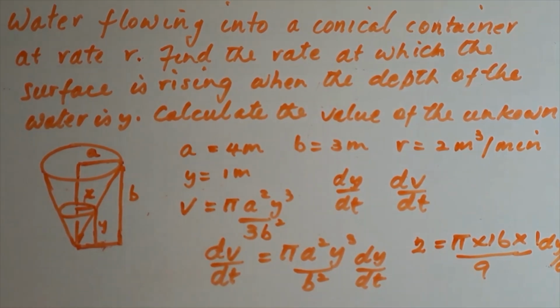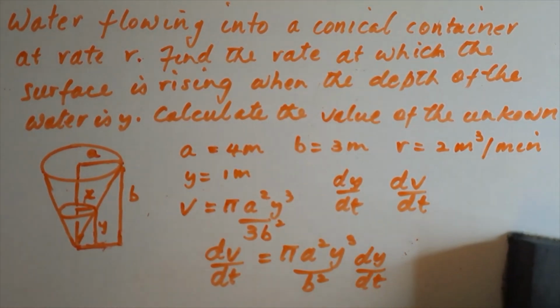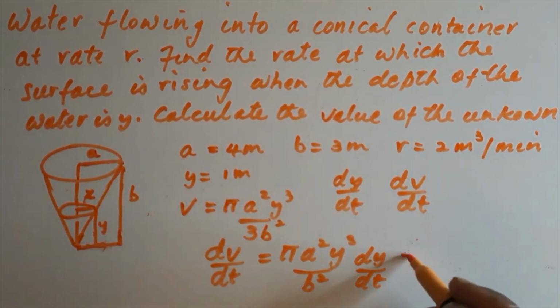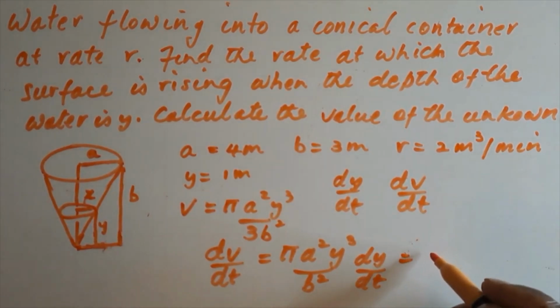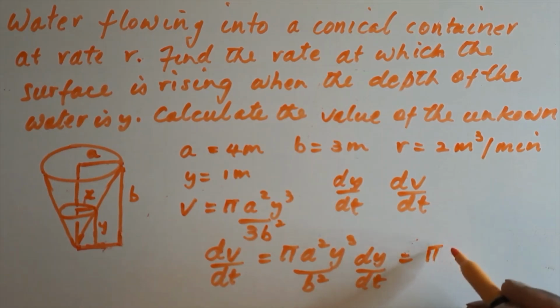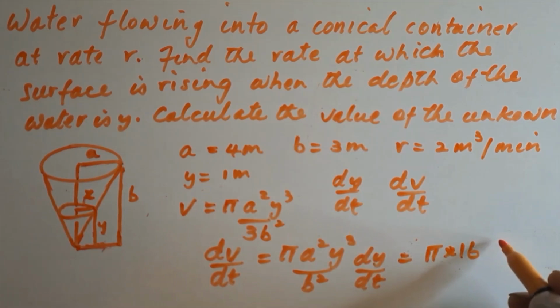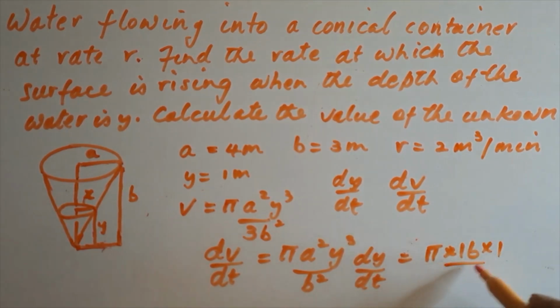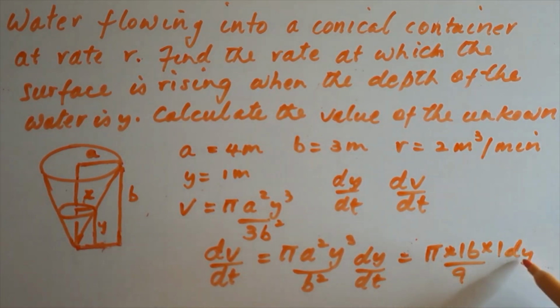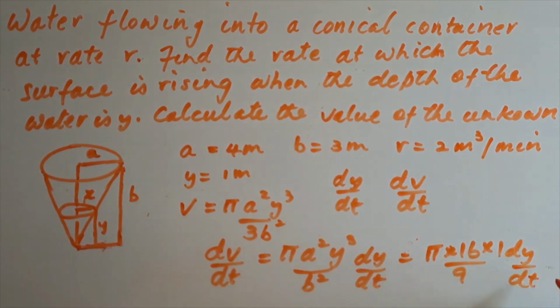Let me just rewrite that so it can be all on the screen. Now this is equal to pi times 16 times 1 over 9 dy/dt.